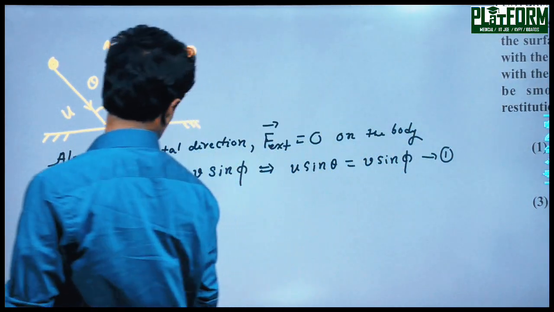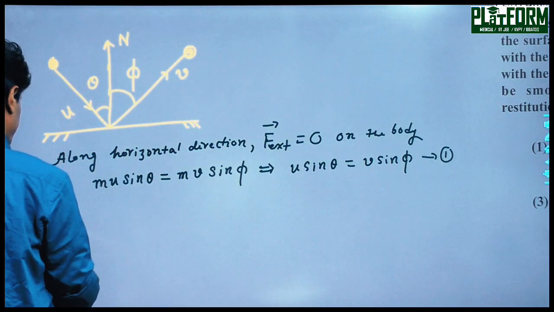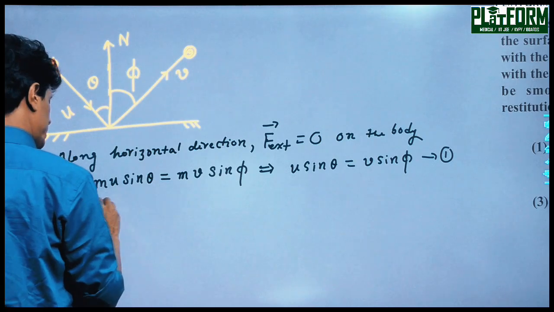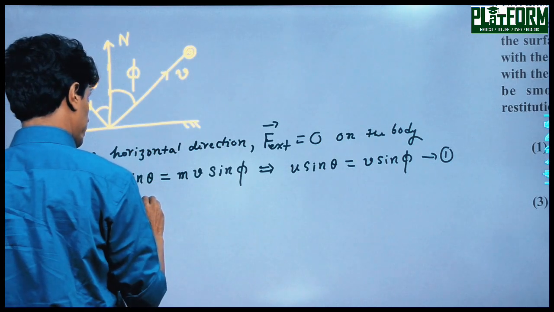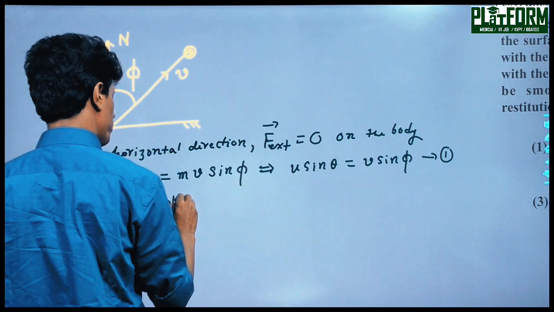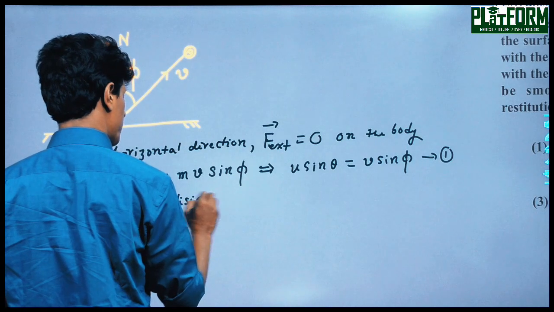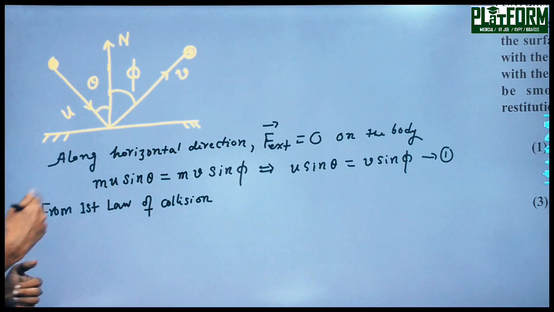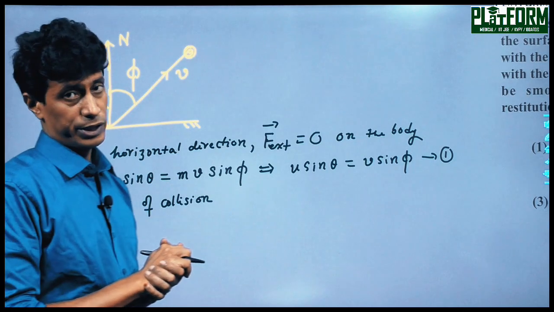And from the first law of collision, we know the relative velocity after collision is directly proportional to the relative velocity before collision and opposite.